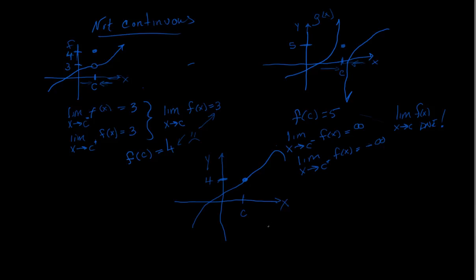So in this case, we have f of c equals 4. We have the limit as x approaches c from the left equals 4. We have the limit as x approaches c from the right of f of x equals 4. Together that means that the limit as x approaches c of f of x equals 4.